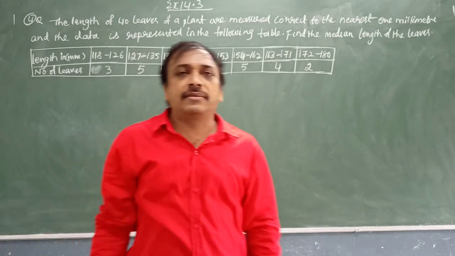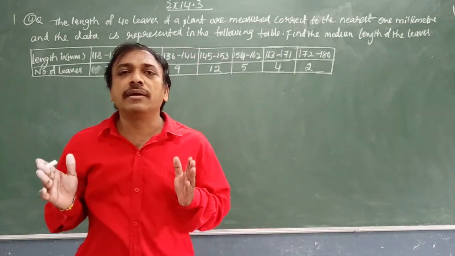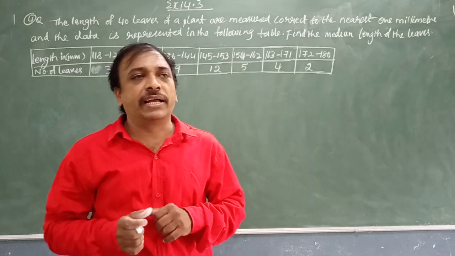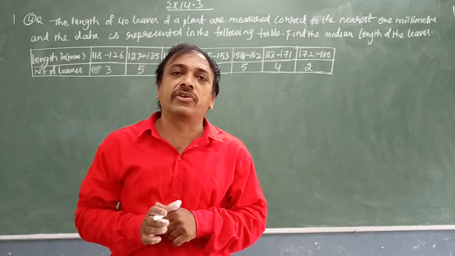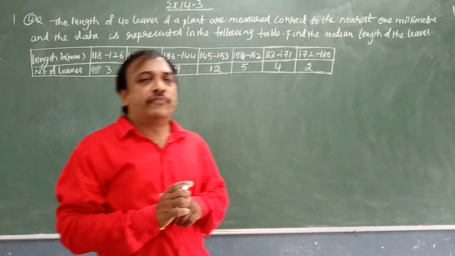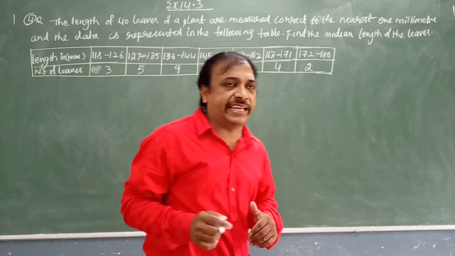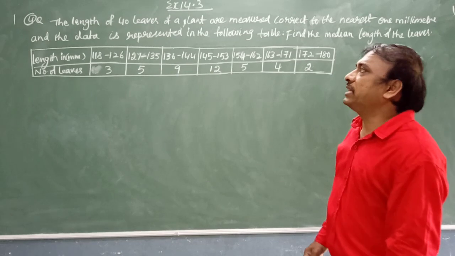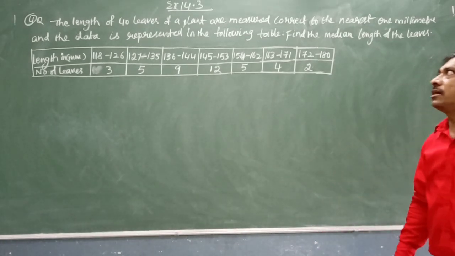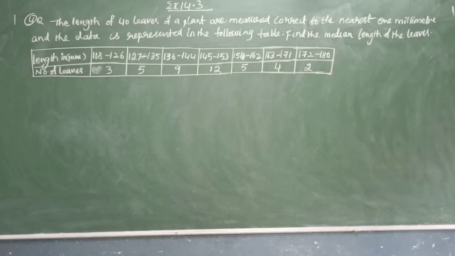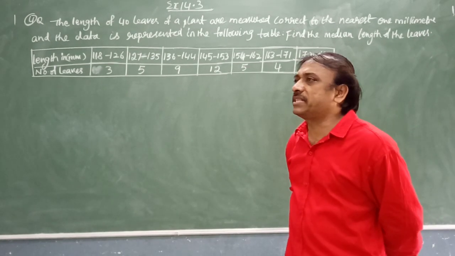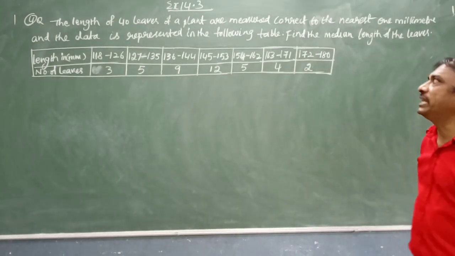Let us discuss one question based on this grouped data, how to calculate median. From exercise 14.3 we have a question. The lengths of 40 leaves of a plant are measured correct to the nearest 1 millimeter, and the data is represented in the following table.